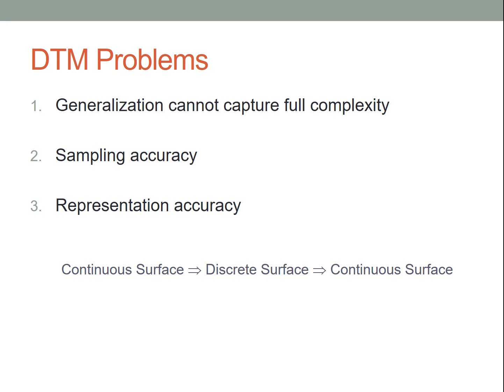So some of the problems that we encountered before we get too hung up on least squares and too excited about that is that we really can't capture the full complexity of what is going on. No matter what we try, no matter how many points we try to get, we're never going to capture everything. If you do a LiDAR scan of all of Calgary, it's going to be huge.